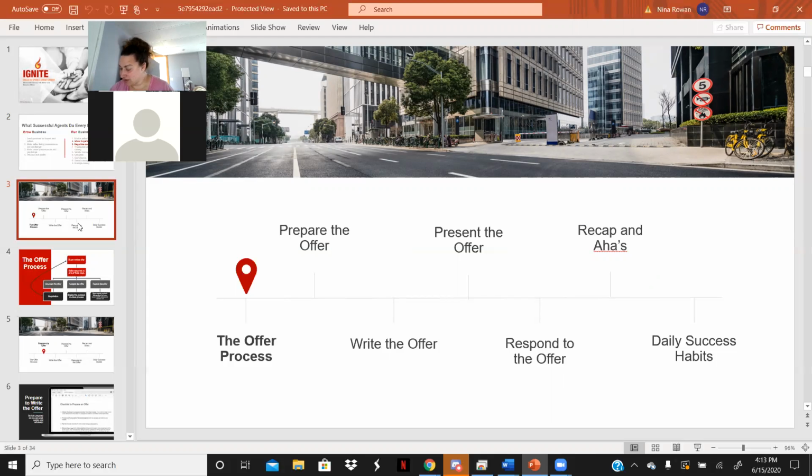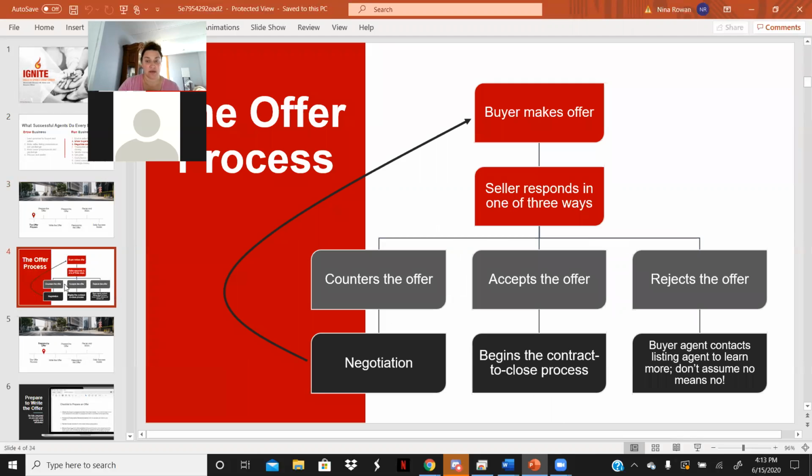Also, let's go right into it. First, buyers find that home, right? They love it. Now you've set the expectations, right? Know that we're going to make the offer based upon the condition of the house.